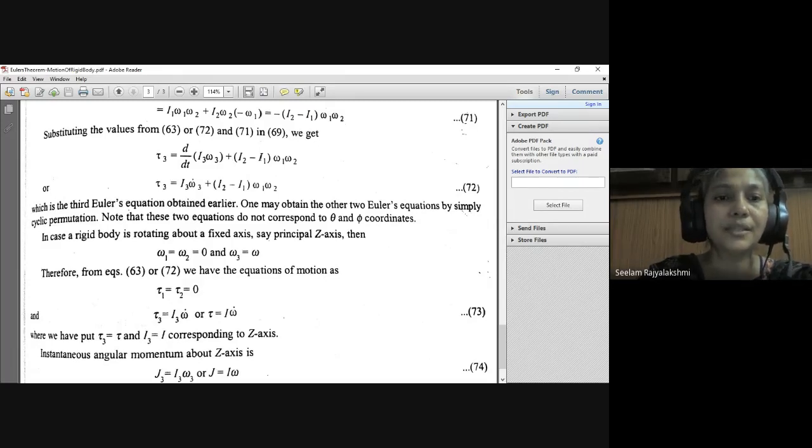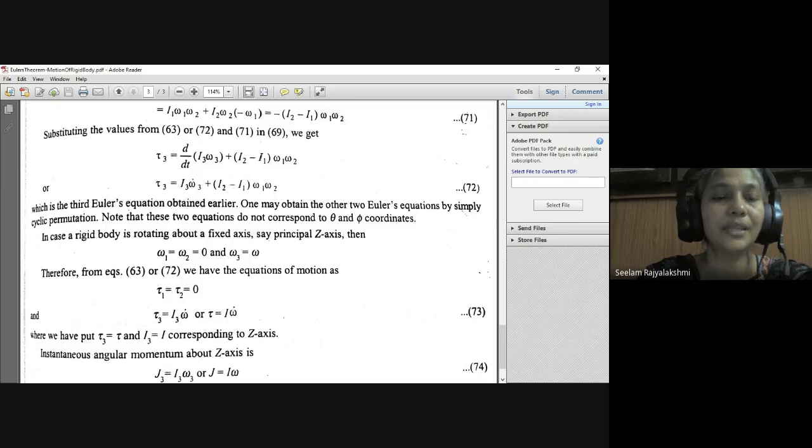Note that these two equations do not correspond to theta and psi coordinates. In the case of a rigid body rotating about a fixed axis, say a principal axis, we will obtain omega 1 equals 0, omega 2 equals 0, and omega 3 equals omega.